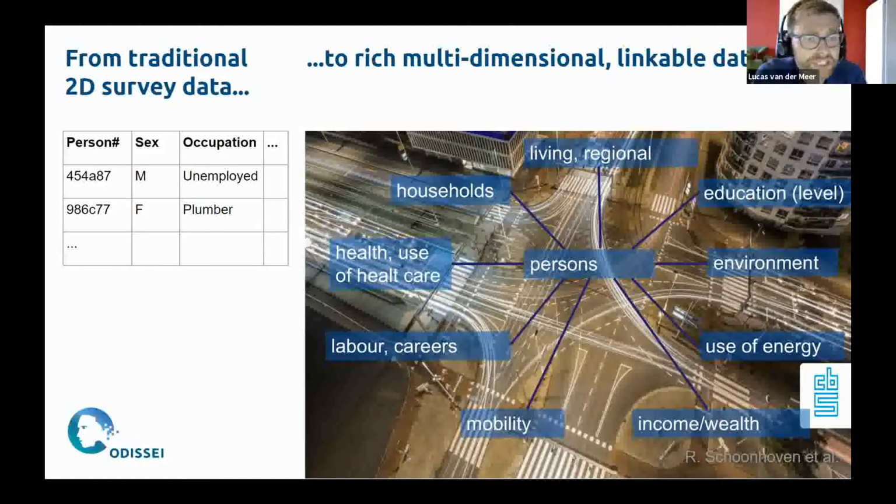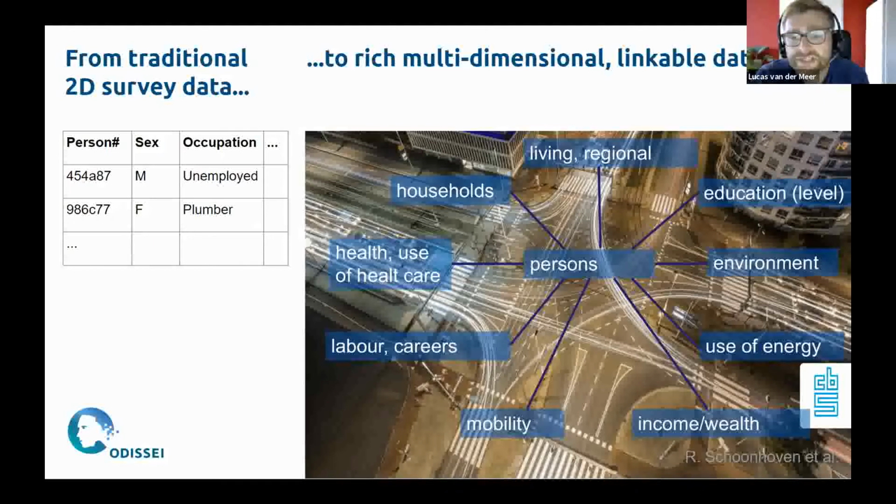For those multidimensional data, Odyssey is working closely with Statistics Netherlands, or CBS. Statistics Netherlands, just like in many other countries, has the task of creating statistics for Dutch society, like how many sick days there were in 2019, or what the GDP of the country is.